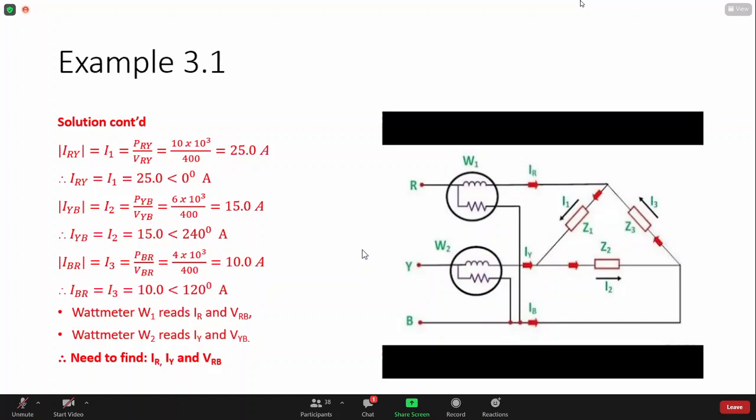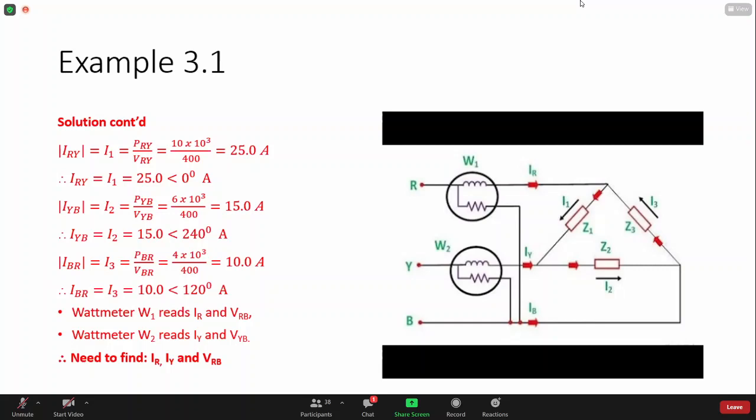So this means that if wattmeter 1's current coil was in the blue line, we would need to find IB. And in that case, you would need to put the common line somewhere else.